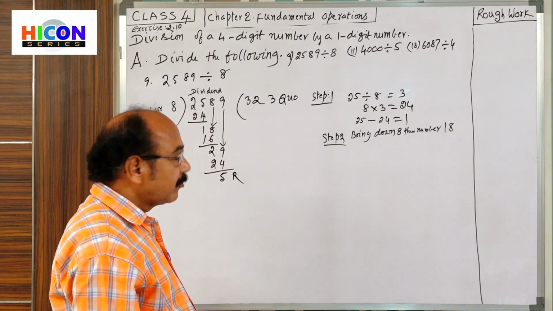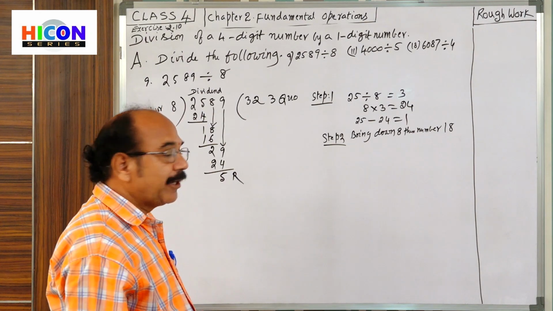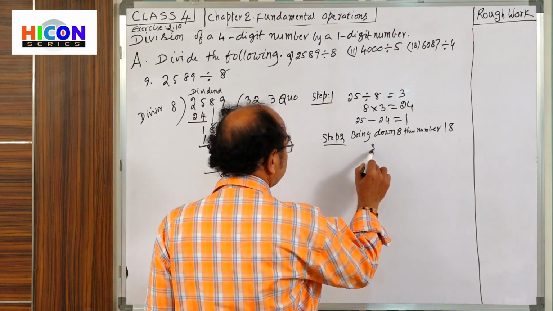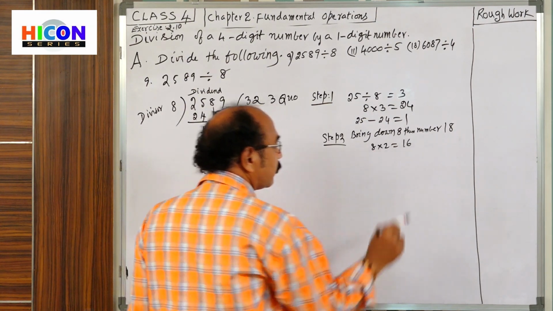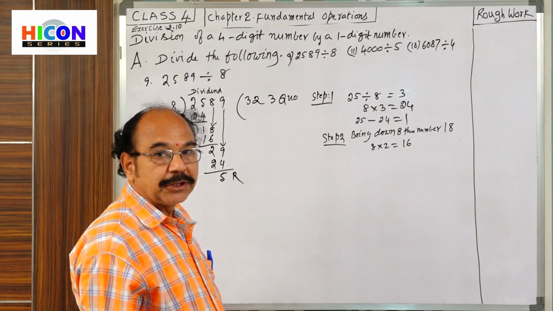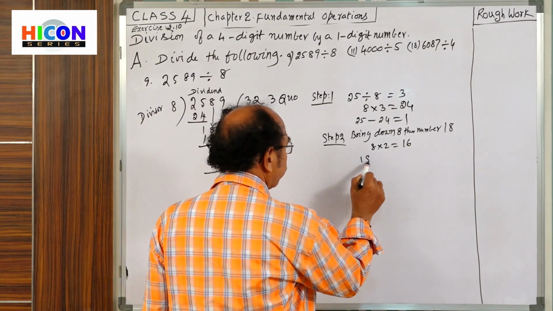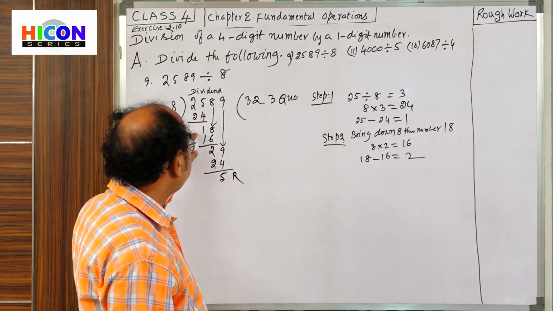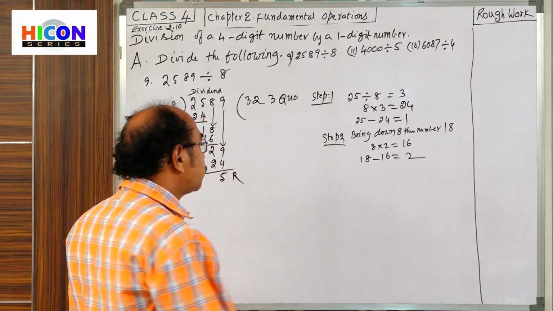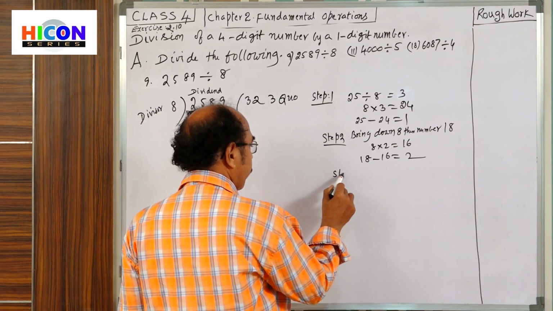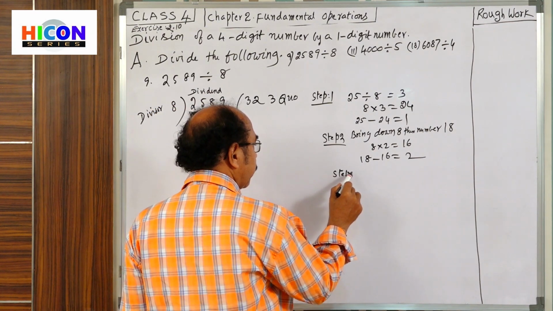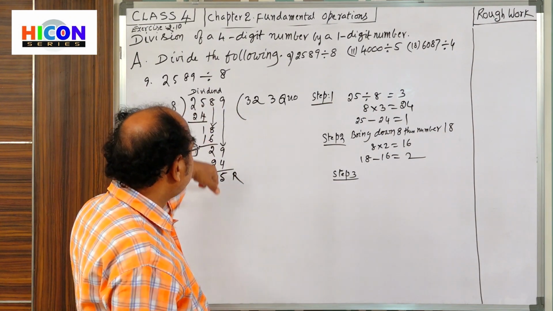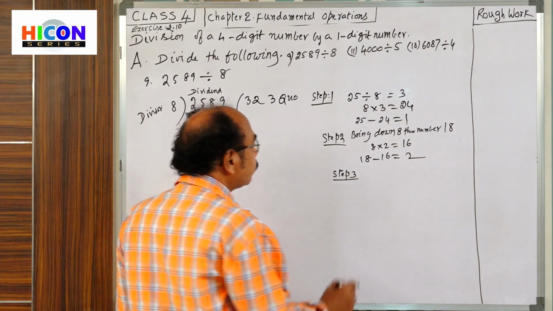Now divide 18 and subtract. How many times here? 2 times. 8 twos are 16. Subtract: 18 minus 16 is 2. Now in step 3, bring down 9.